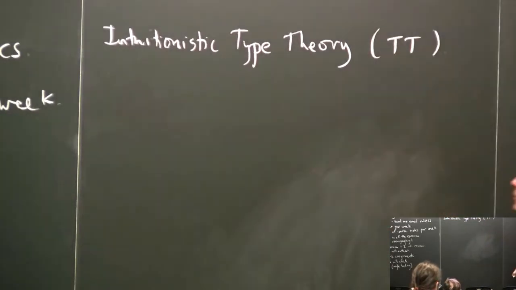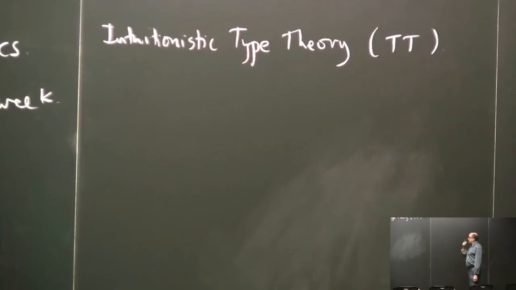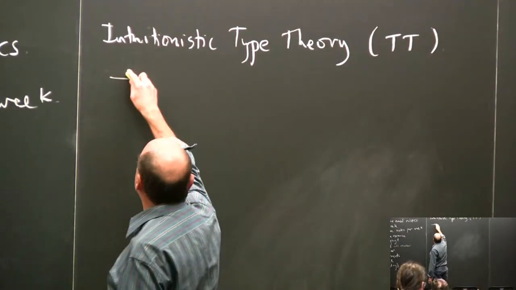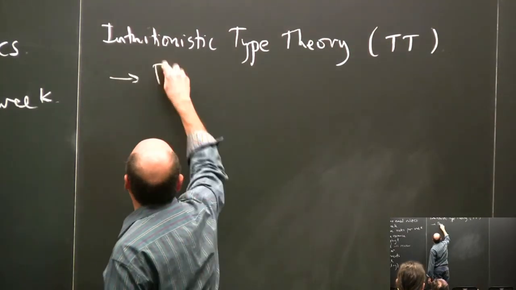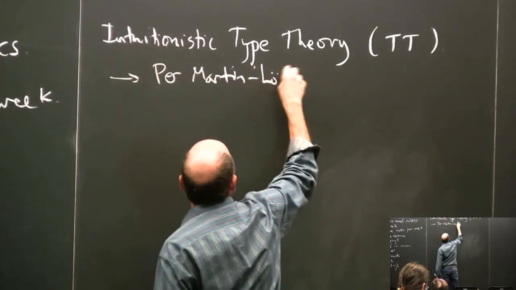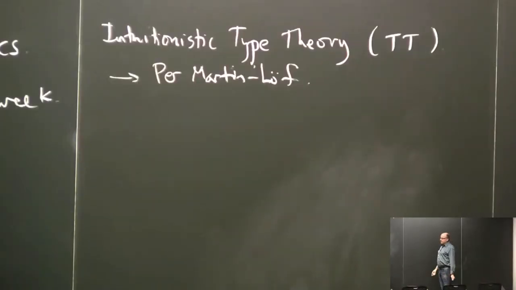I would call it ITT, but you'll see in a minute why that's usually not what people do. It is primarily, but not exclusively, based on the work of the Swedish logician Per Martin-Löf, who's been developing the subject since the early 1970s, so around 40 years now.